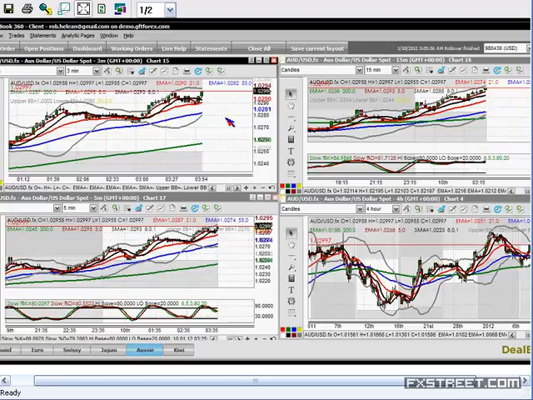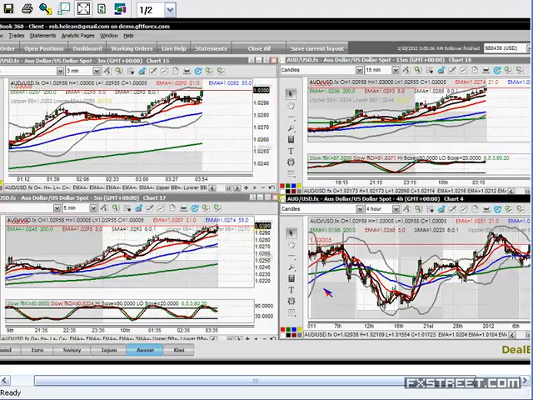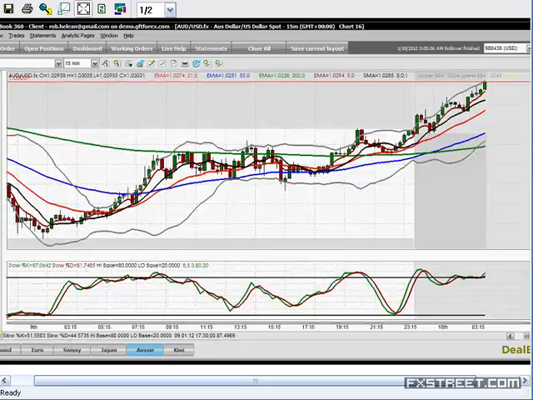So let's take a look and get some ideas about what we're talking about here. Okay, and I think we're going to use this Aussie dollar as an example for a couple of reasons that will become obvious. Now, hands up in the room the people who do not use confirmation of any sort to enter trades.